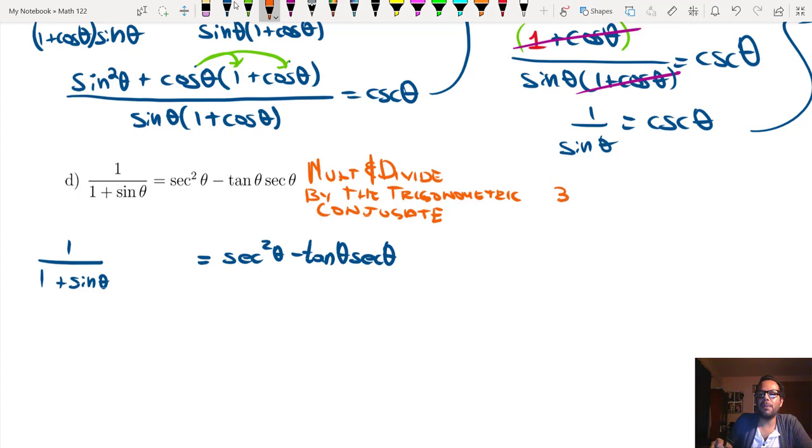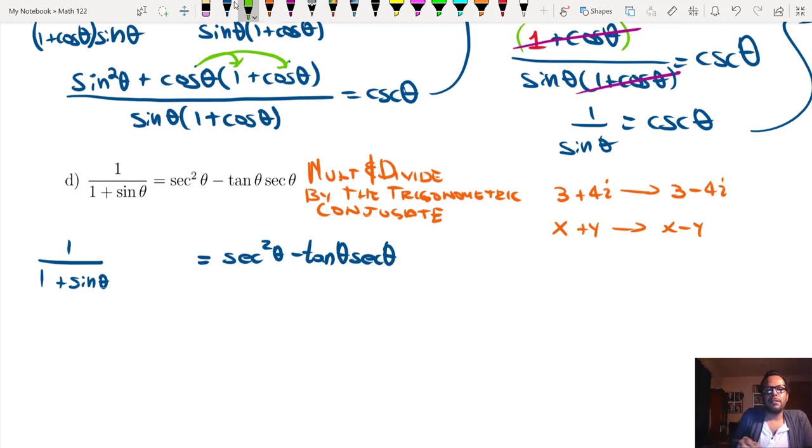Remember, like 3 plus 4i, the conjugate is 3 minus 4i, right? Or when you have just a simple binomial, x plus y, its conjugate is x minus y, right? In fact, the product of conjugate binomials is a difference of squares, right? Let's combine that vocabulary with trigonometric identities.